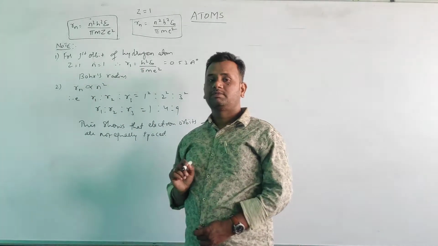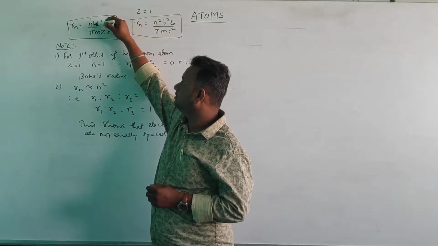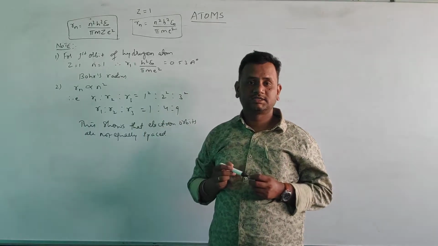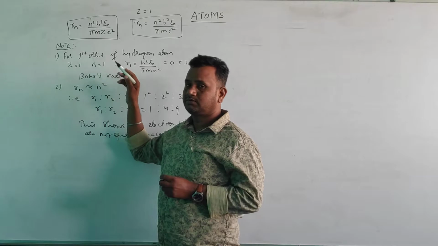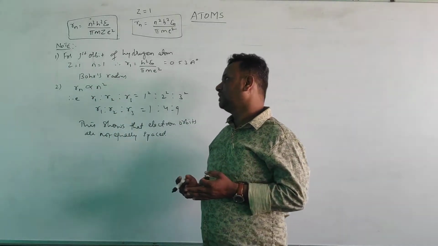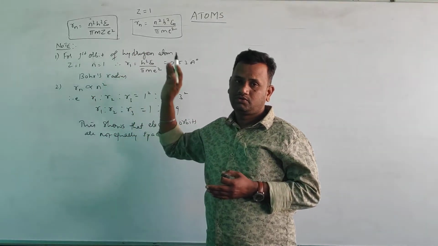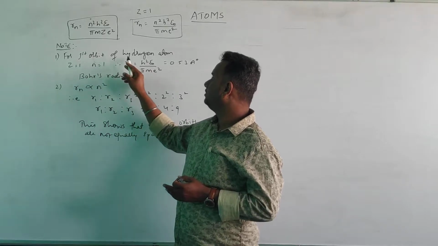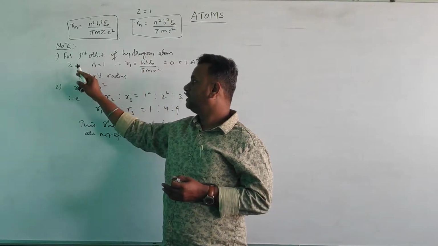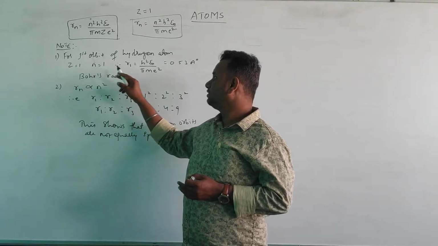One thing you should remember, dear students, is that n always indicates the orbit number. If it was the second orbit, then in place of 1 you would take 2. So for the first orbit of the hydrogen atom, Z is equal to 1 and n is equal to 1.